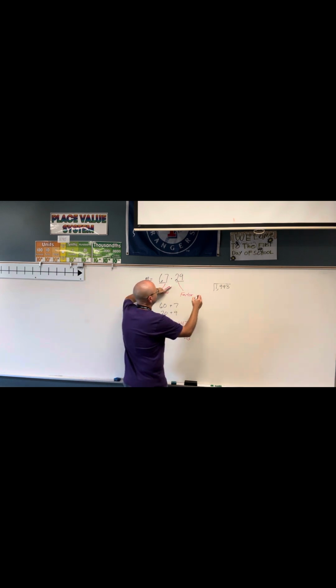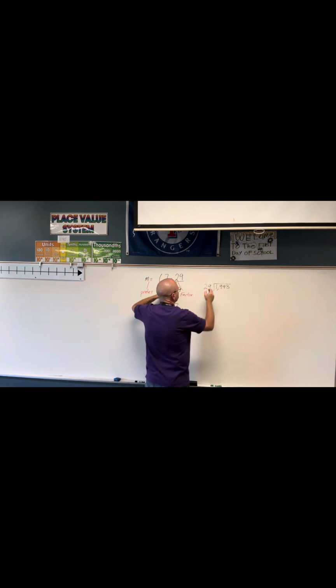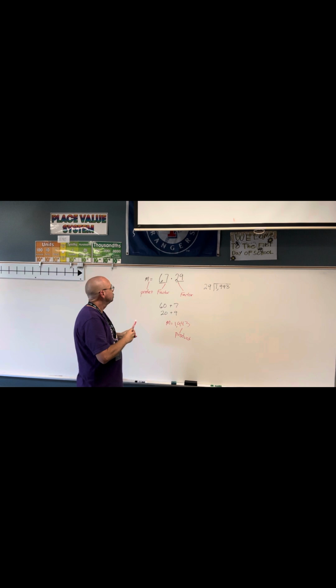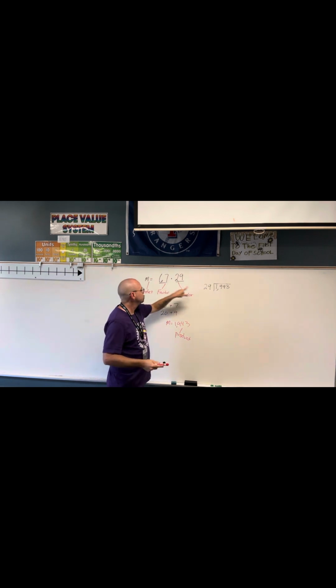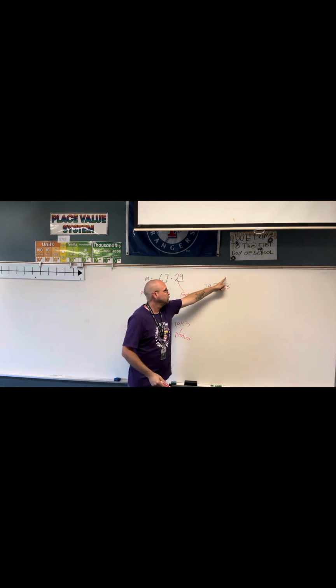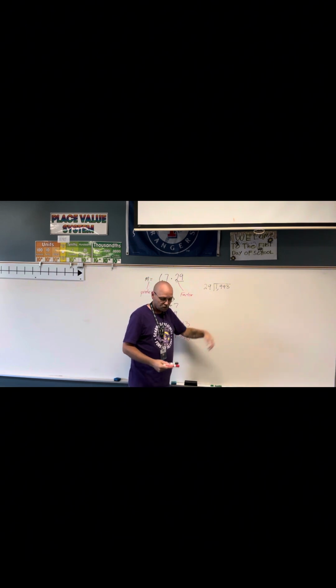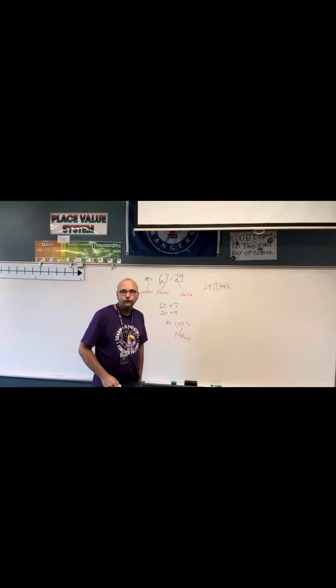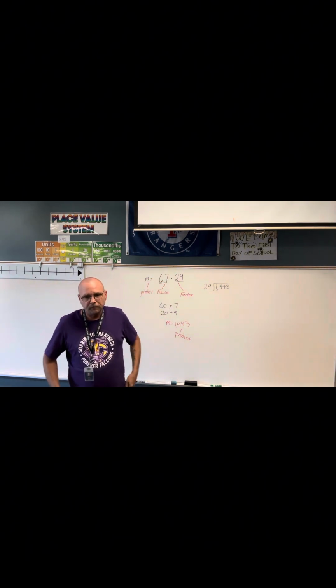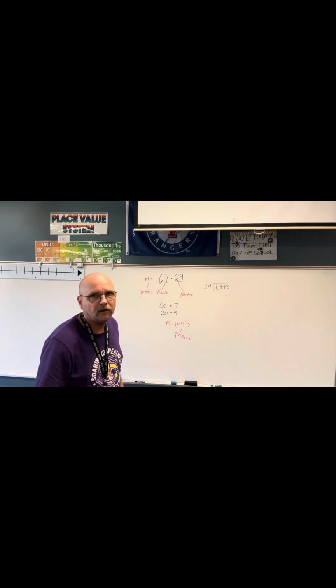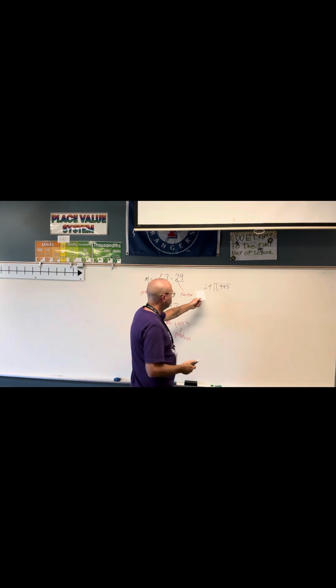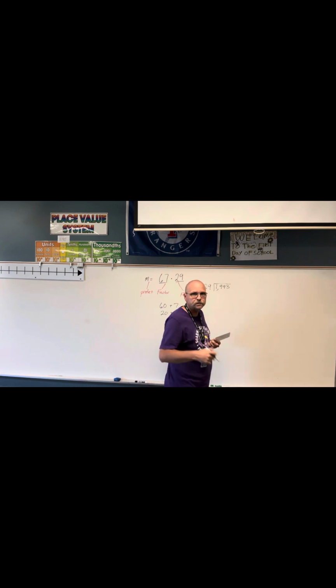So I'll divide it by 29, and my final answer, the quotient here, should be 67, because then 67 times 29 should equal 1,943.